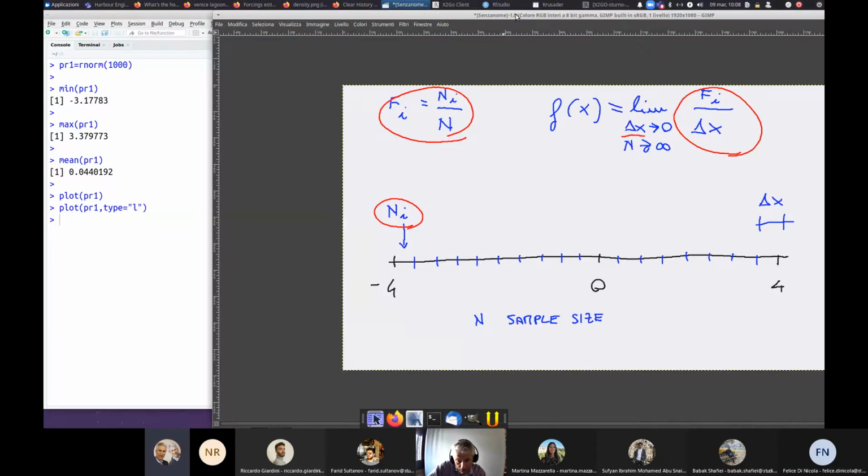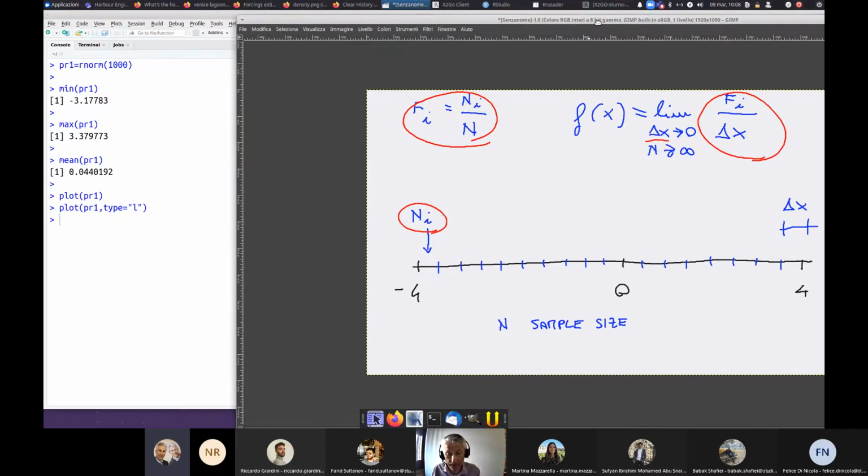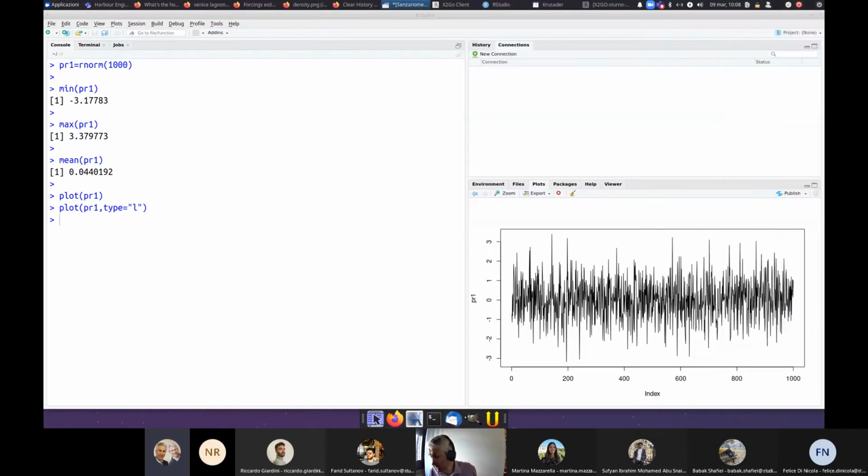Okay, so the number of intervals which I am using to discretize the range from -4 to 4 is 80 because I want a width of the intervals, I want a delta x of 0.1. Okay, let's remove the graphic blackboard and then let's make this split.